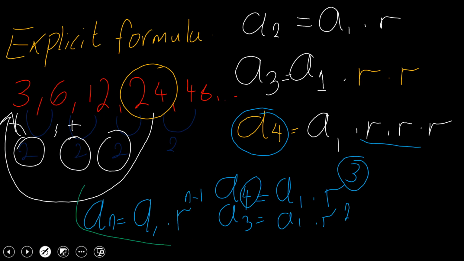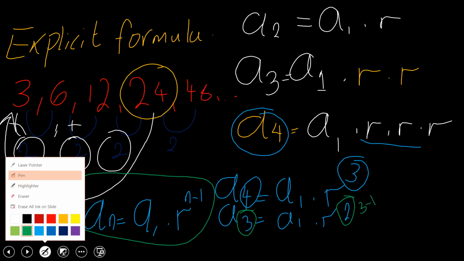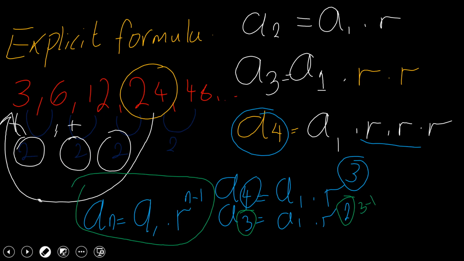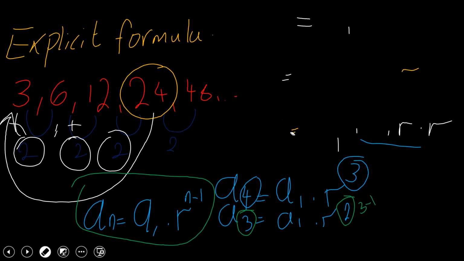Here I can say that a sub n is a sub 1 times r raised to the power n minus 1. As you see here, a sub 3 is a sub 1 times r squared, which is 3 minus 1. As an example, who can help me now to find a sub 100?